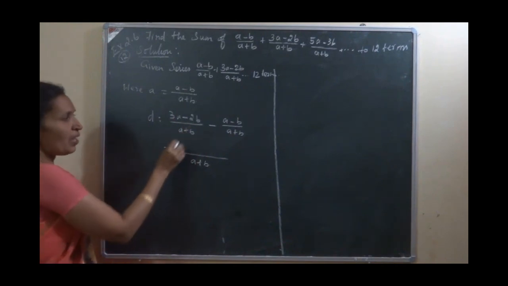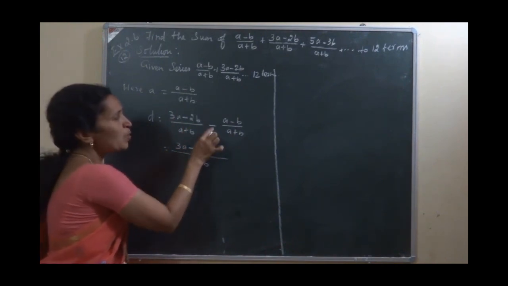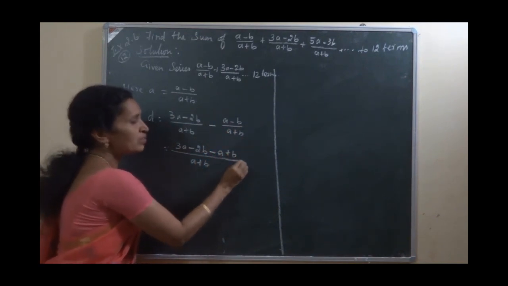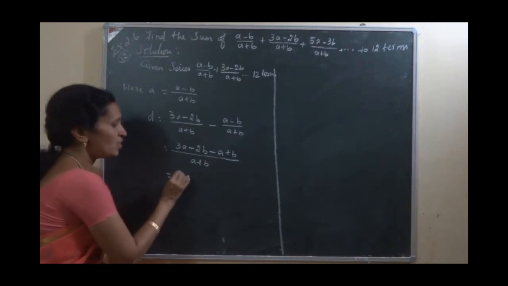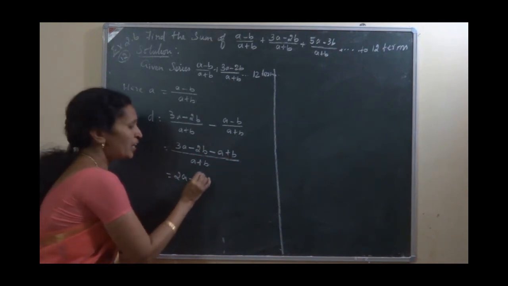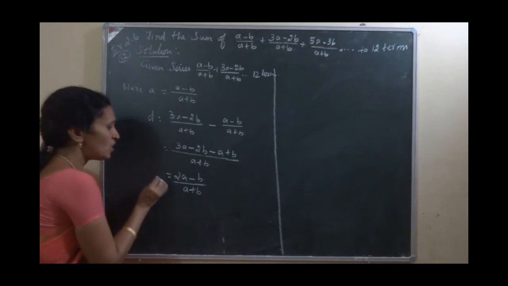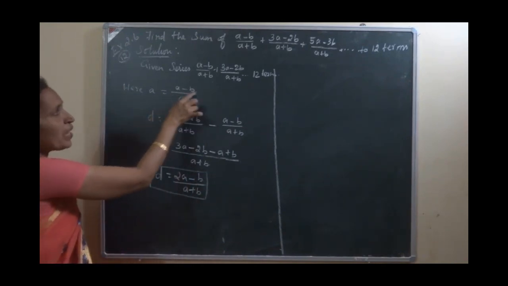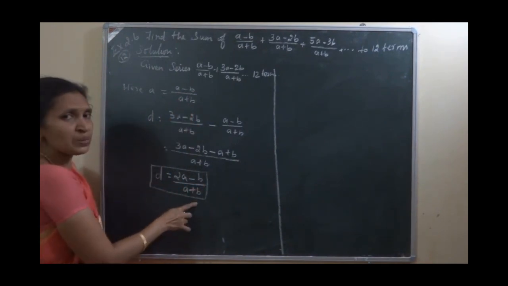Numerator the same value: 3a minus 2b minus of a minus b, so minus a plus b. Clear? 3a minus a is 2a, minus 2b plus b is minus b, by a plus b. No other simplification here, so this is the value of d. a is a minus b by a plus b, d is 2a minus b by a plus b.